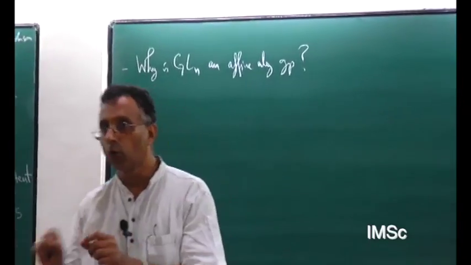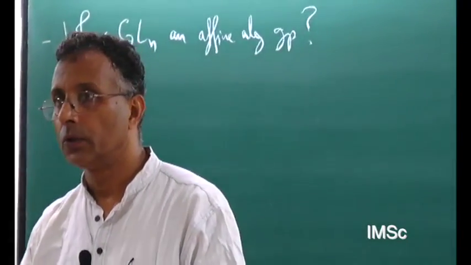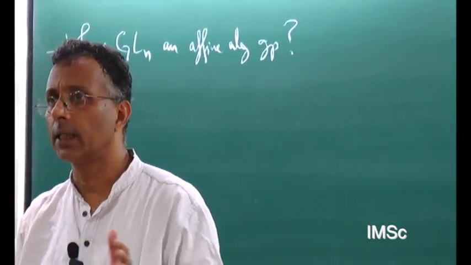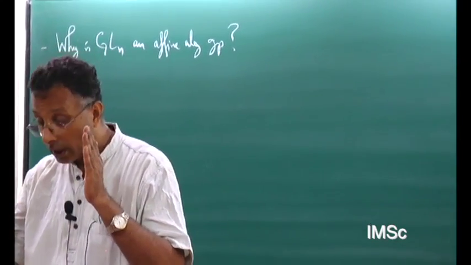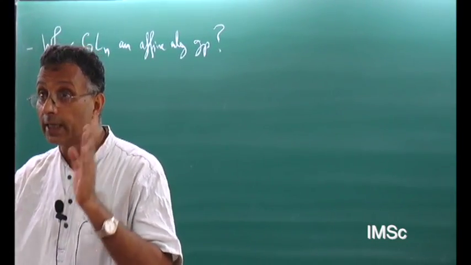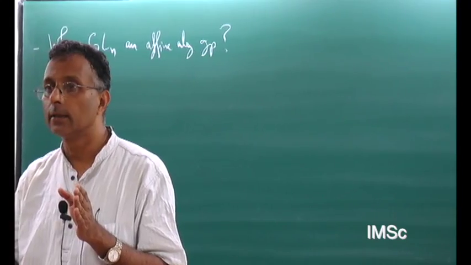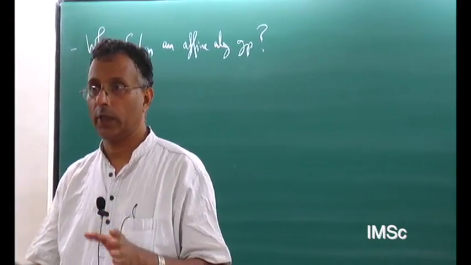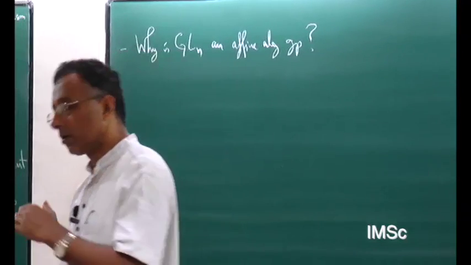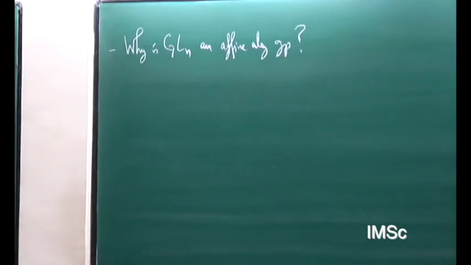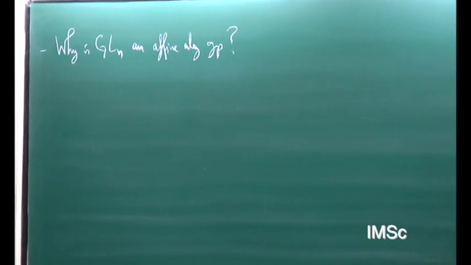So it is clearly a group, right? If you think of it naively as n cross n matrices with entries in this field K, and what is our assumption on K? Algebraically closed field. That's important. So we are always taking algebraically closed field, of any characteristic whatsoever. Characteristic does not matter, but algebraic closure matters.